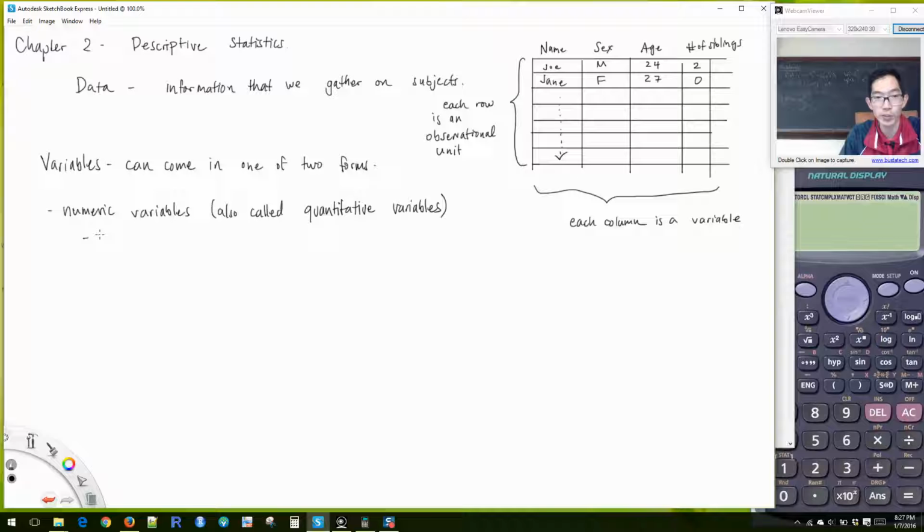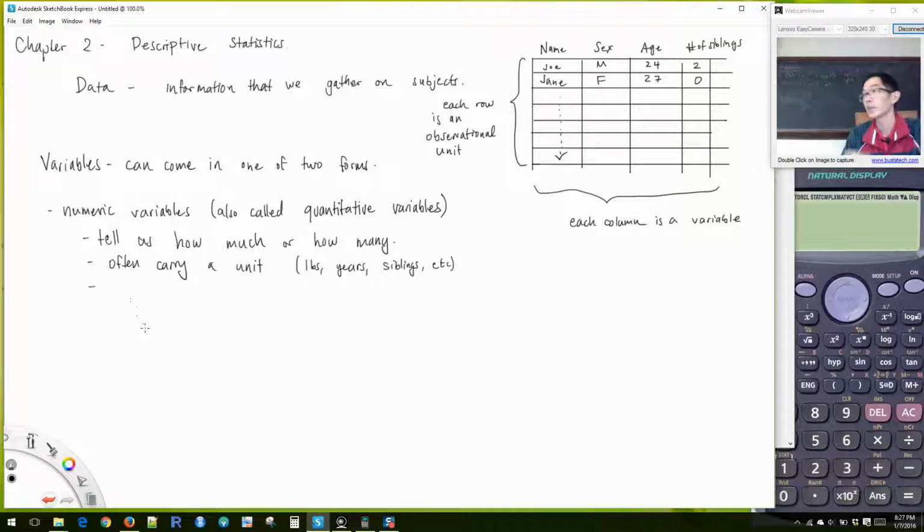And numeric variables, they tell us how much or how many. Okay. They often carry a unit, whether that's pounds, years, or siblings, etc. Okay.